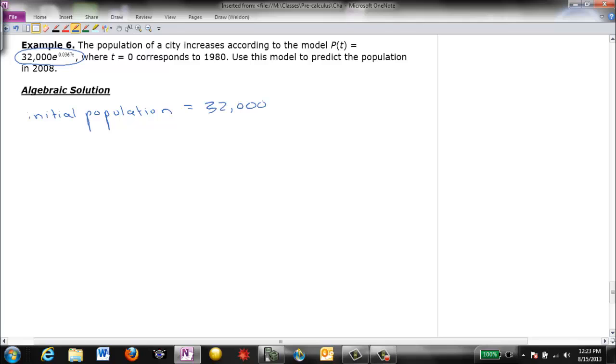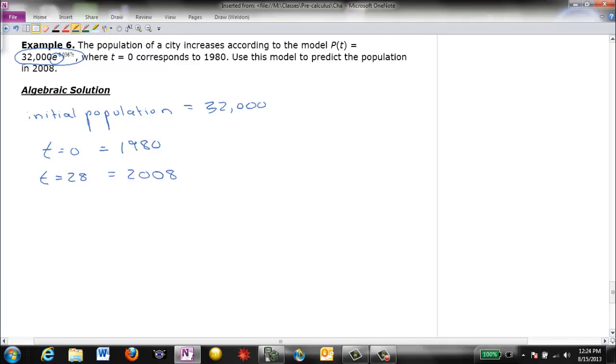What we're trying to find is the population so many years later in 2008. If t equals 0 corresponds to 1980, then 2008 is 28 years later, so t would have to equal 28 in this situation. Notice that the base for this exponential function is e, so that's our growth factor.